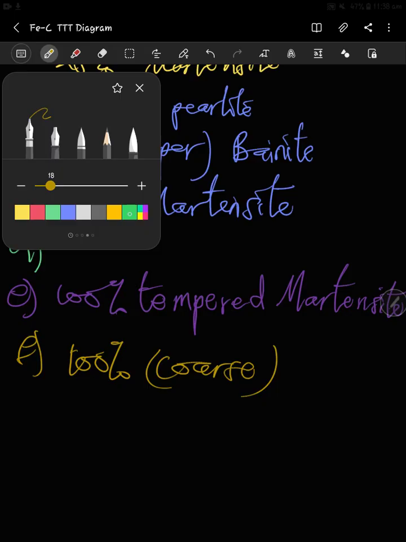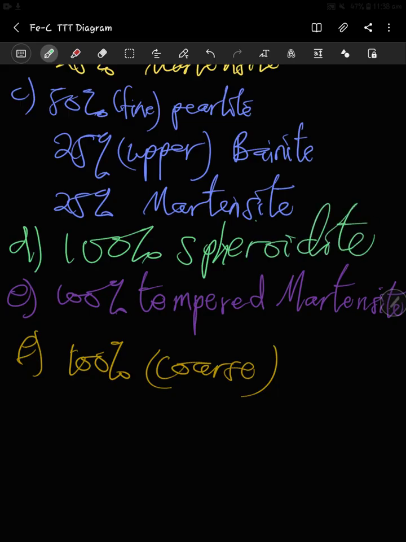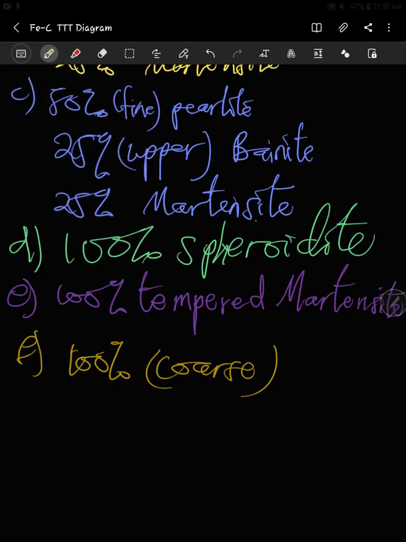So here we have 100% coarse pearlite. Now let's go back to our brother here. So 100% coarse pearlite. That's what we have here, right?